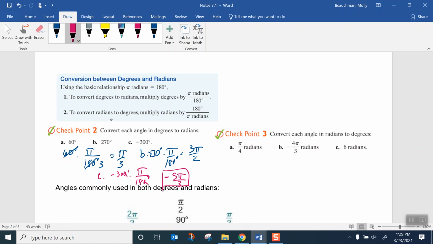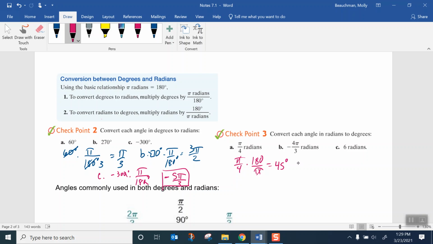If we want to go the other direction, radians to degrees, multiply the radians by 180 degrees over pi radians. So pi over 4 times 180 over pi. The pi's cancel. 180 divided by 4 is 45 degrees.